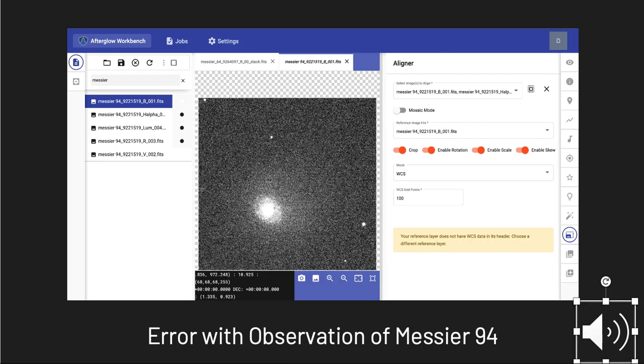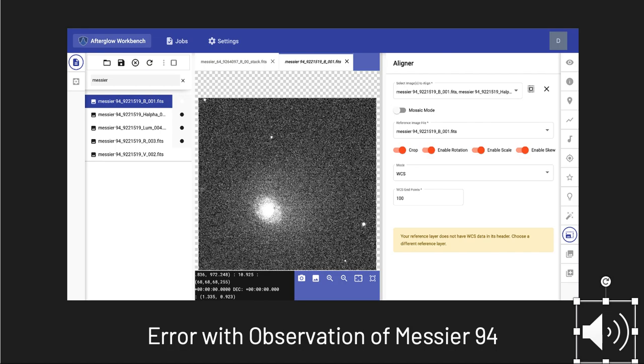A crucial part of this observation that I do need to mention is that after receiving back the observations, we noticed that we only received back 5 different images, and we were definitely expecting to have a few more images for each filter to create a stack and to further align the images together.